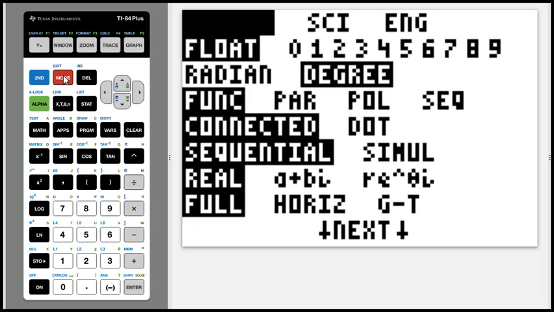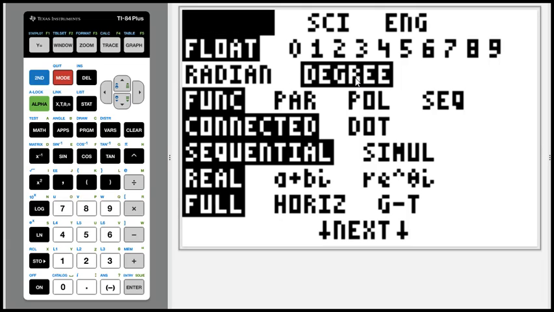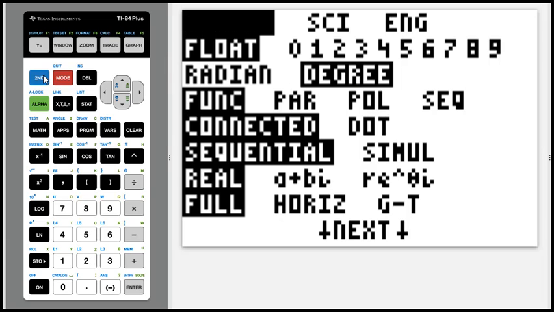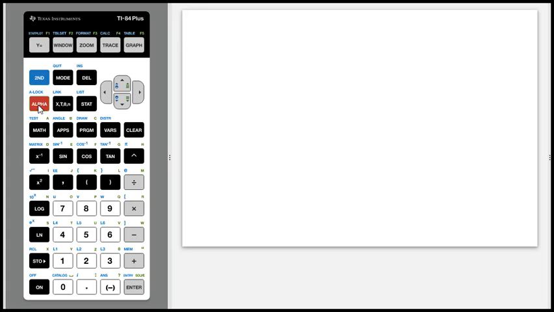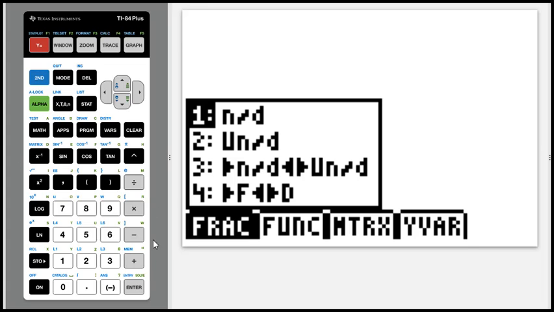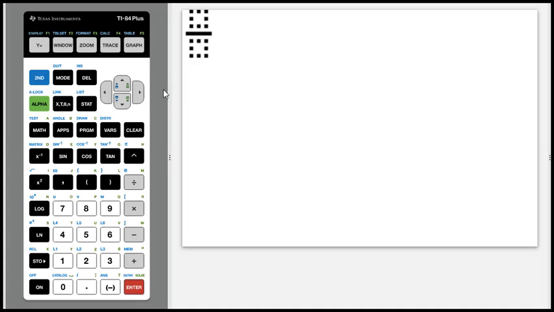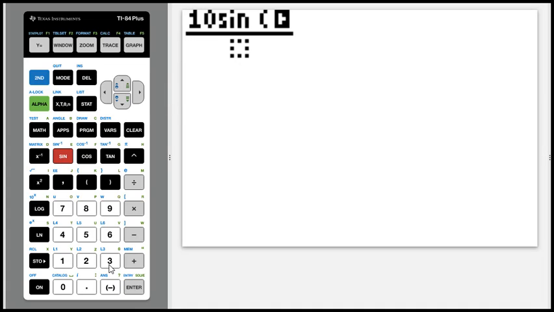First of all, check the mode. Make sure angle is in degree. Then we quit. Then go to alpha y equals, enter, get the fraction. 10 times the sine 32 over 6. Then enter.